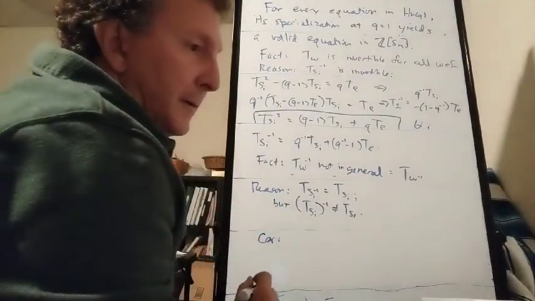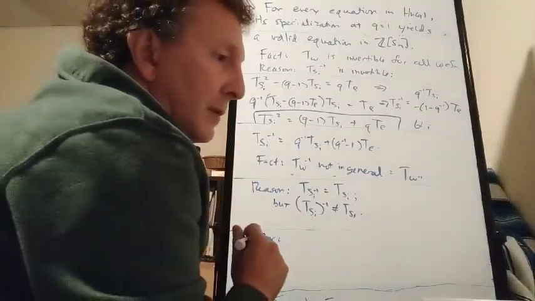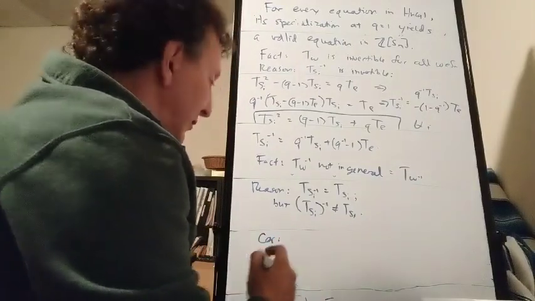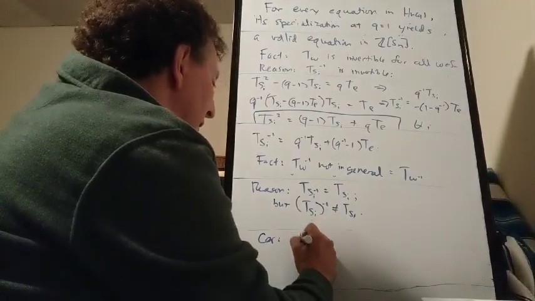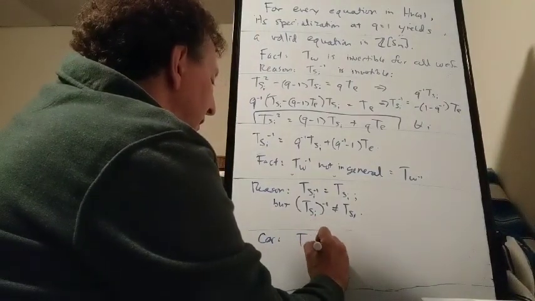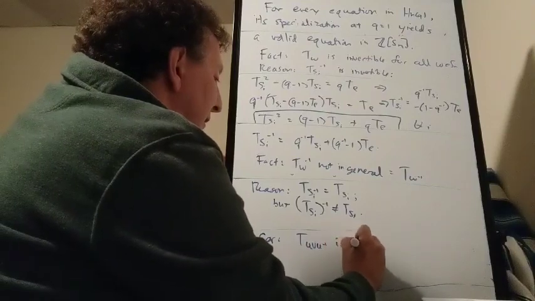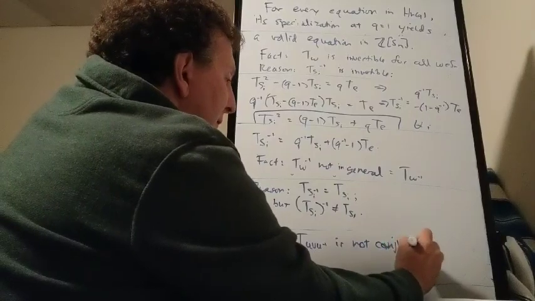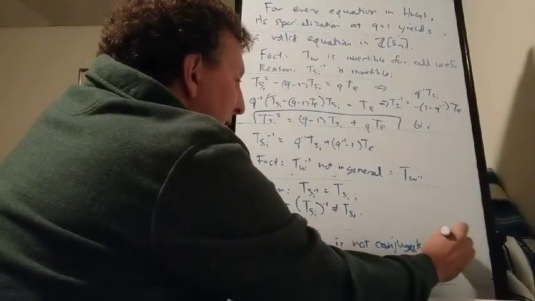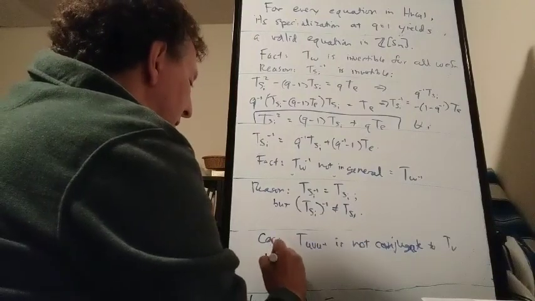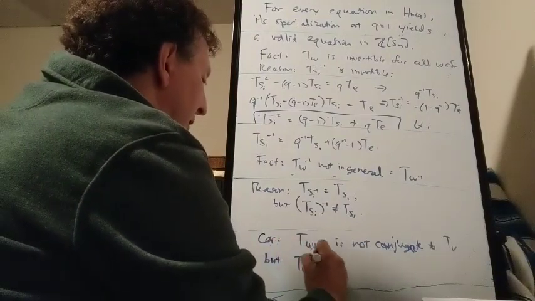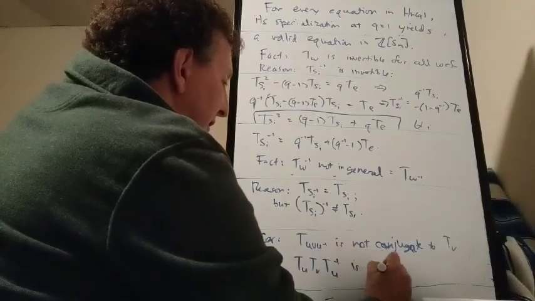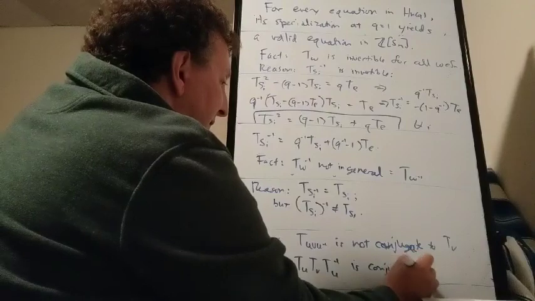As a corollary, we have that conjugation is a little trickier in the Hecke algebra than in the symmetric group. So T_{uvu^{-1}} is not conjugate to T_v, but T_u T_v T_u inverse is conjugate to T_v.